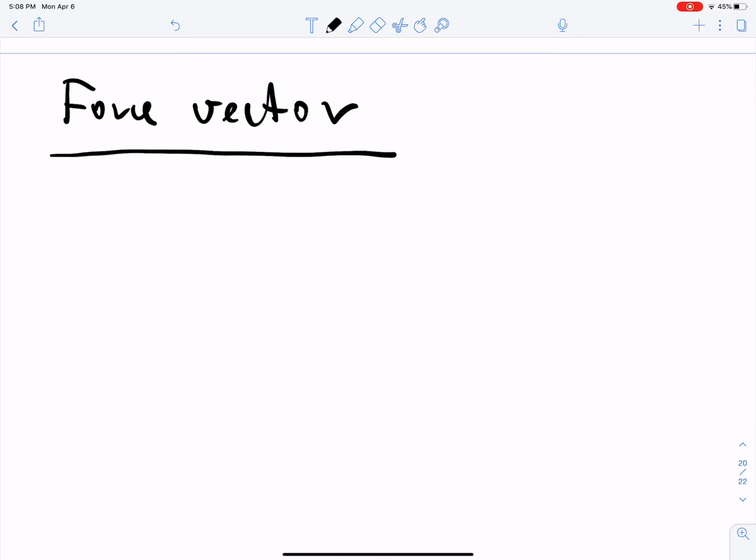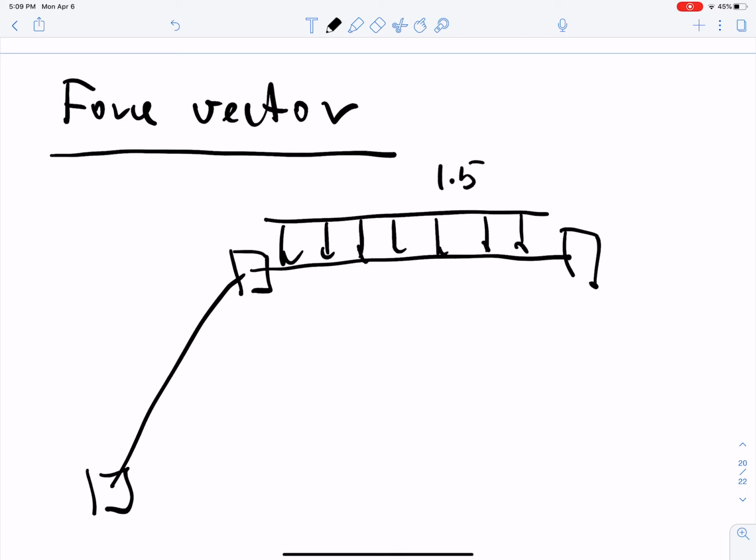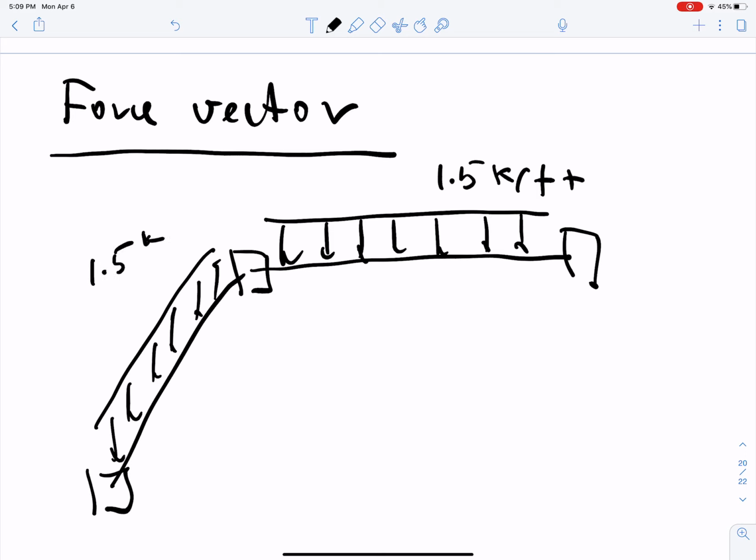So as I said, we have a situation where we're going to apply a vertical load everywhere on the structure: 0.5 kilopounds per foot, and we're going to apply 1.5 kilopounds per foot here.